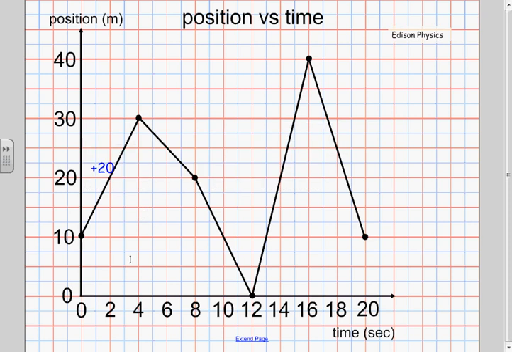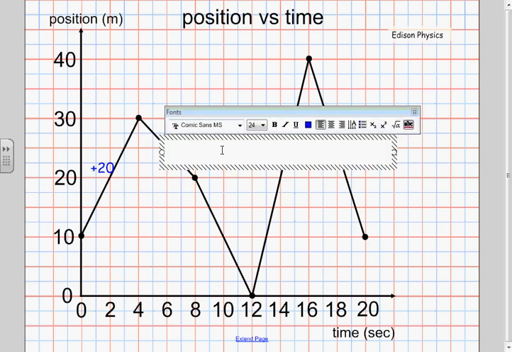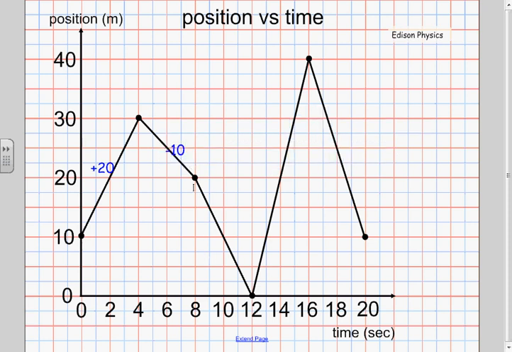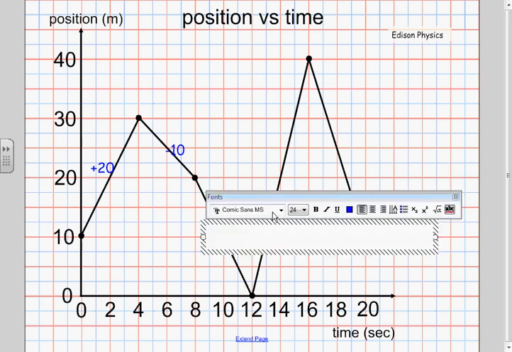No problem there. How far did we travel between 4 and 8 seconds? Well, we went from 30 down to 20, so we traveled 10 meters here. We went down. And then for the last 4 seconds, we went from 20 down to 0, down again, 20.